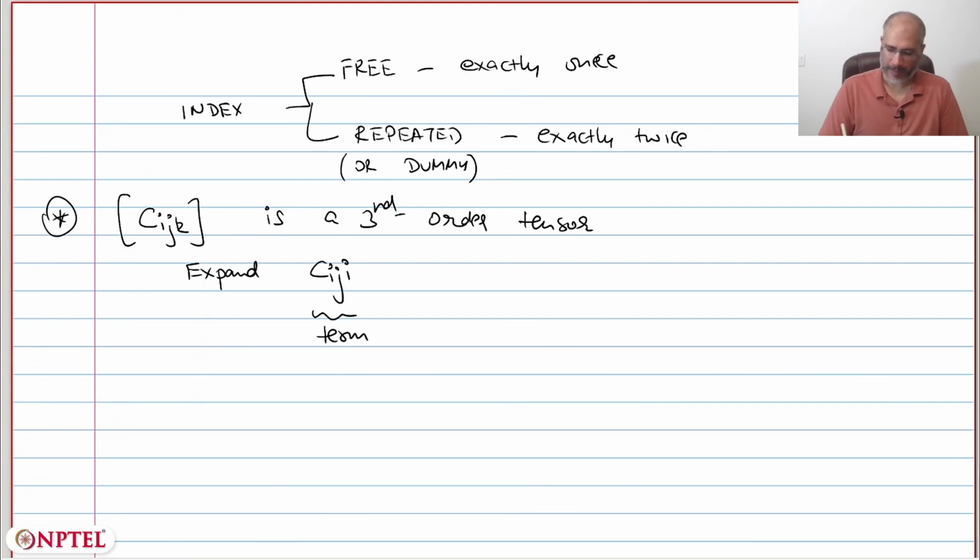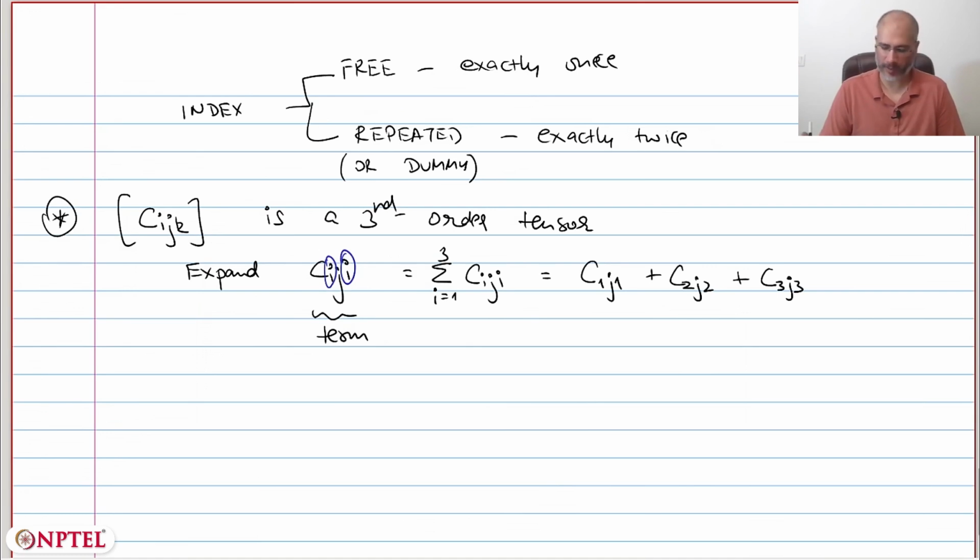It has an index i that appears exactly twice. So we can write it as a sum of i going from 1 to 3, Ciji, which becomes C1j1 plus C2j2 plus C3j3. And j is a free index. So depending on the value of j that you have in the expression that was given to be expanded, the value of j will be replaced in this. Otherwise, you can keep it general in j.